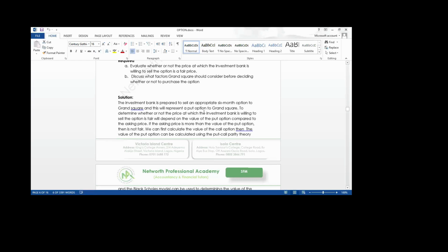This will represent a put option. To determine whether the price at which the merchant bank is willing to sell the option is fair will depend on the value of the put option compared to the asking price. We can first calculate the value of the call option, then the value of the put option can be calculated using put-call parity theory.